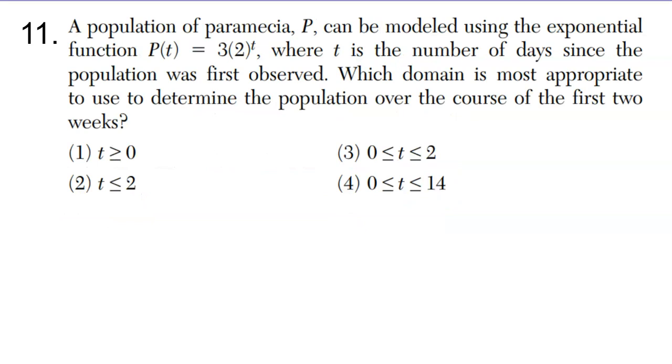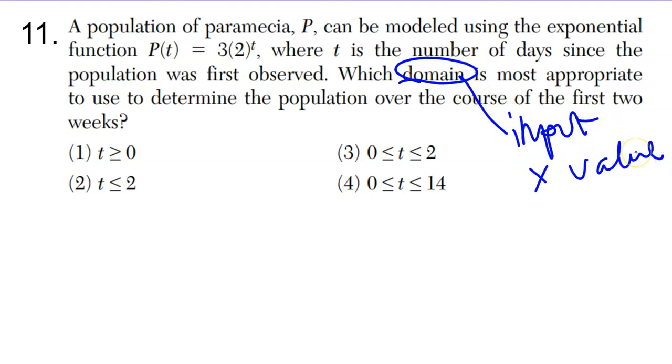Population of paramecia can be modeled using this exponential function, where t is the number of days since the population was first observed. Which domain is most appropriate to use to determine the population over the course of the first 2 weeks? Backwards here, the domain is an input, or an x value, right? And for us, x is t.